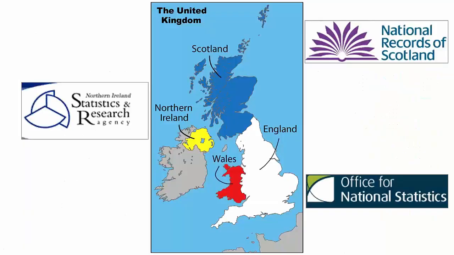And in the UK, we have 3 separate census agencies. So in England and Wales, the census is carried out by the Office for National Statistics, so the ONS. In Scotland, it's carried out by the National Records for Scotland, also known as the NRS. And in Northern Ireland, the census is undertaken by the Northern Ireland Statistics and Research Agency, known as Nesstar.